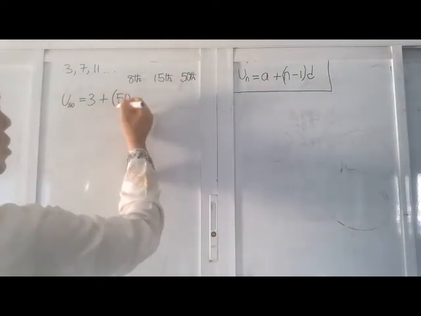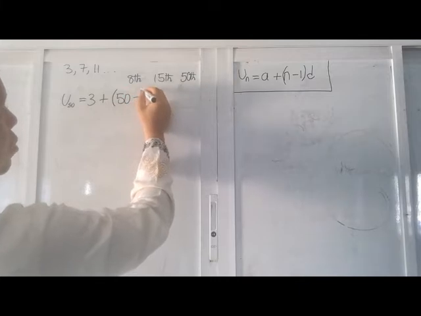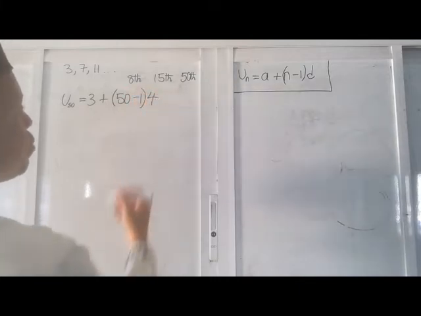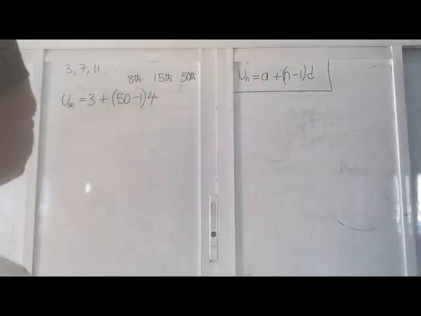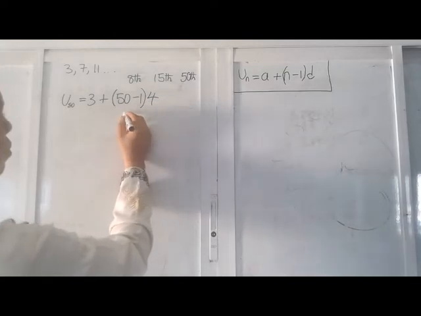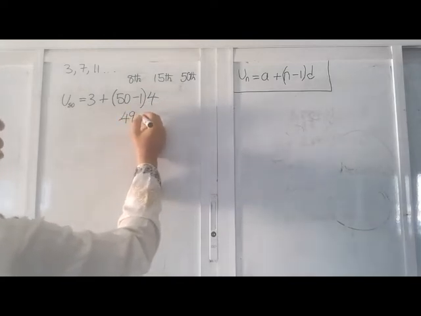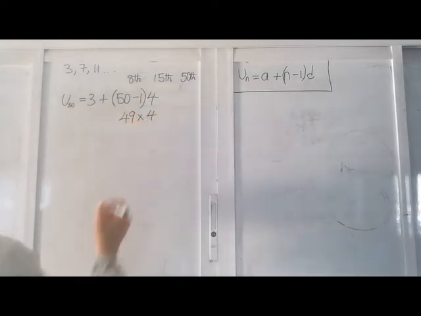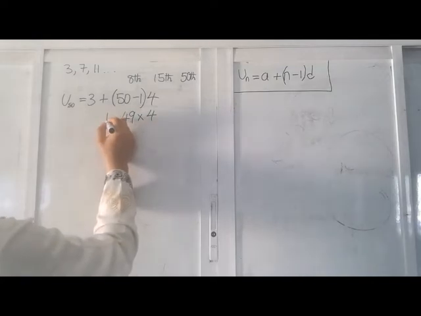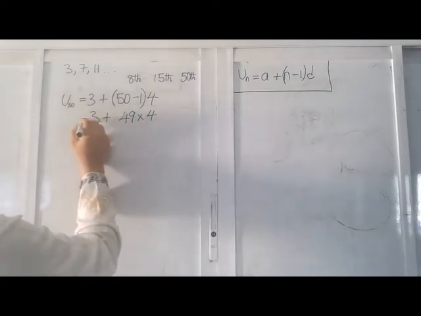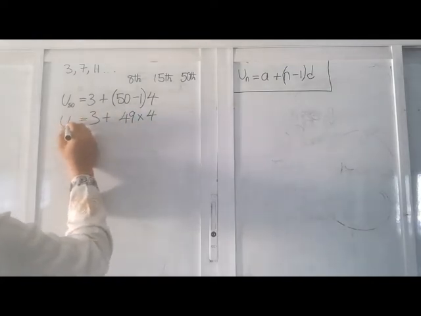We have 50 minus 1. The common difference we've discovered to be 4. 50 minus 1 will give us 49 times 4. So the bracket is gone. Plus 3 equal to the 50th term.